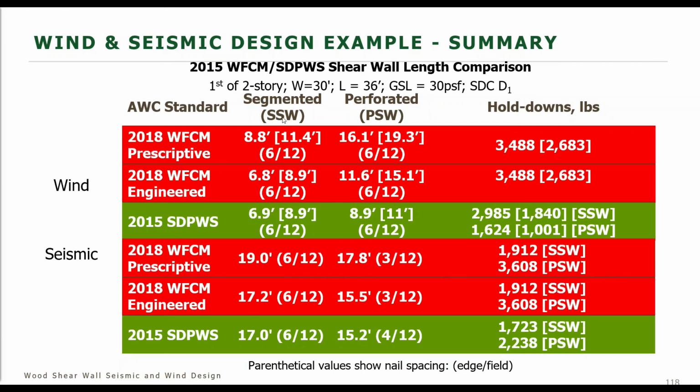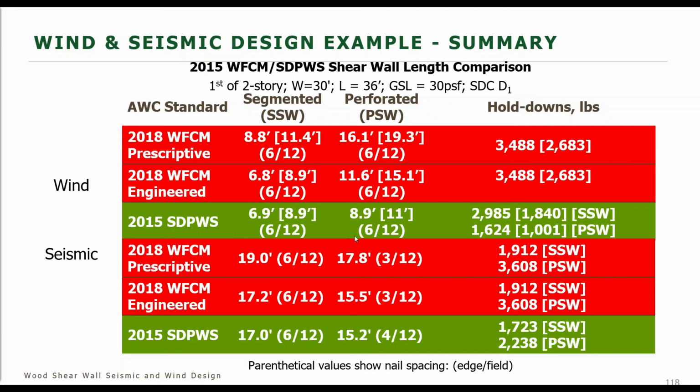The ones in brackets are with drywall. So we have the prescriptive approach and the wind design. You can see that the engineered wood frame construction manual approach is very similar, if not exact, to the wind and seismic provisions shown here.